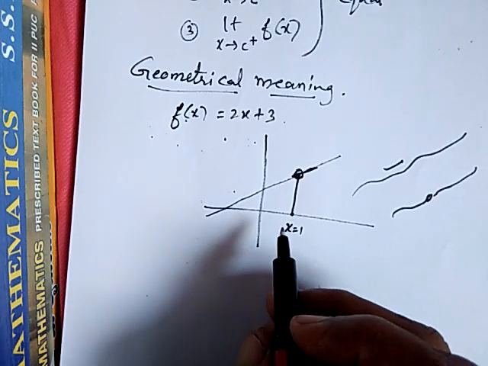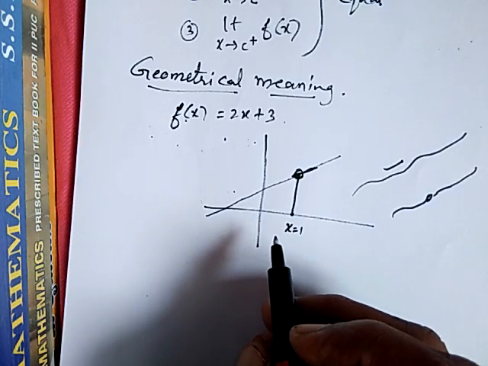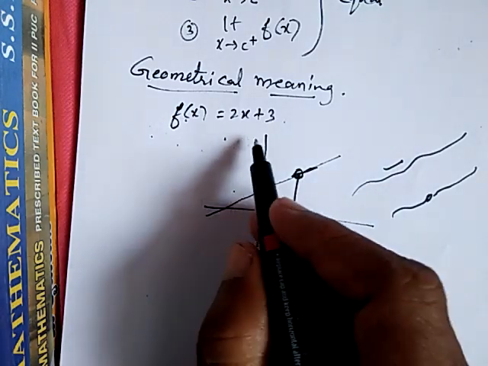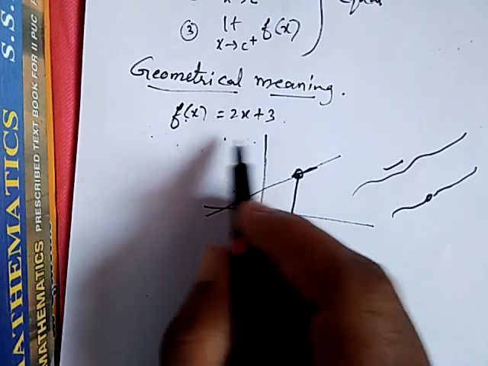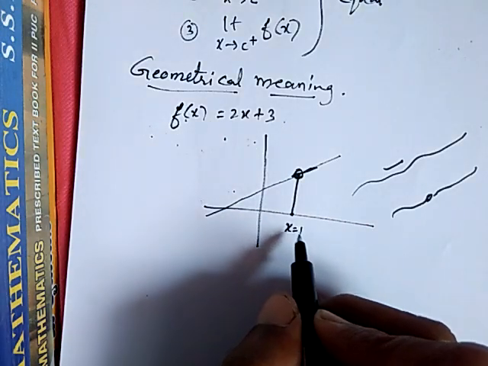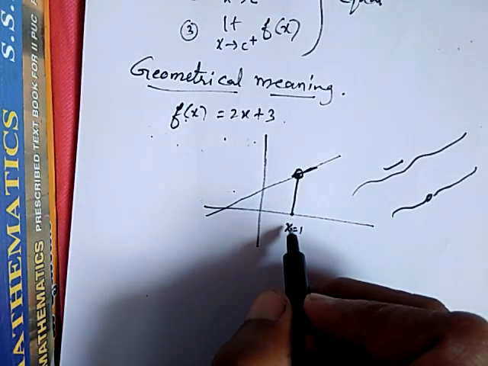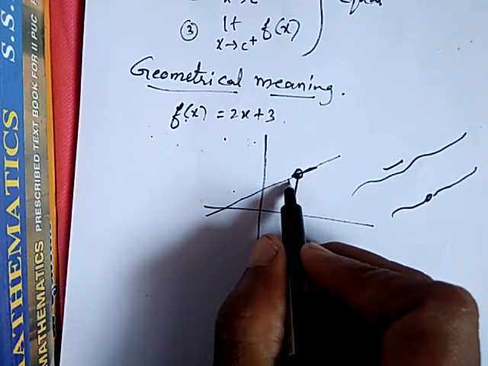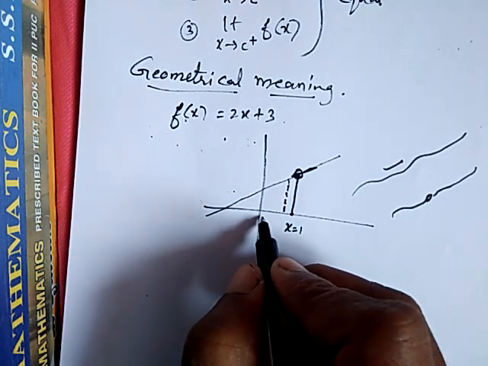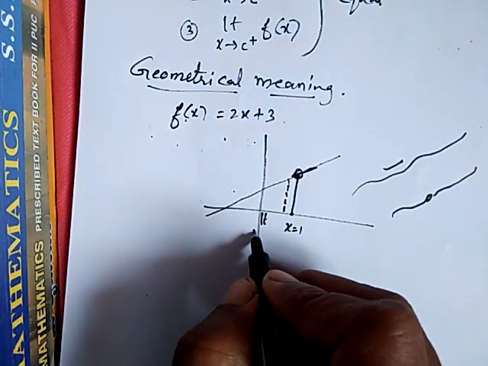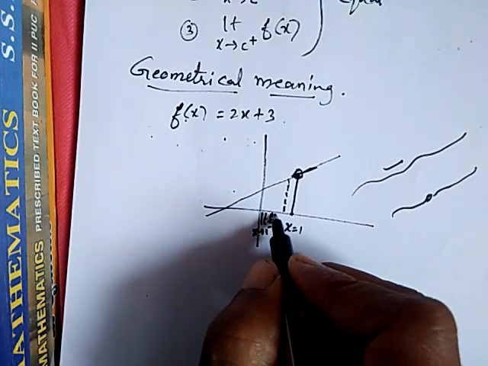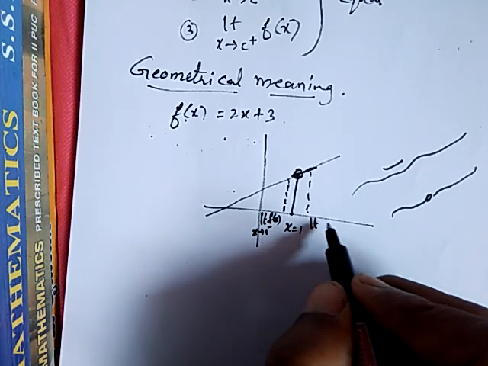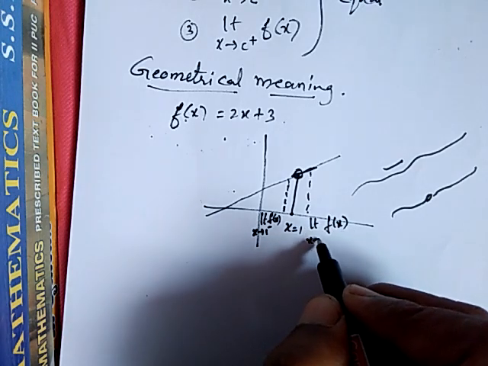So continuous means without break, means without gap, there should not be any gap, continuously it will be like this. So here f of x is equal to 2x plus 3, this function is continuous at x is equal to 1, means at this point x is equal to 1 we need to find, from the left hand side, limit x tends to 1 minus of the given f of x, and from the right hand side also you have to find limit f of x, that is x tends to 1 plus.